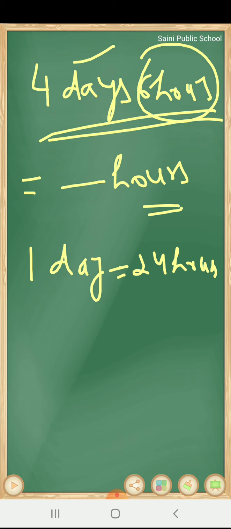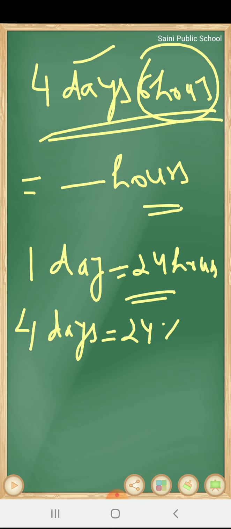Now one day is equal to 24 hours. So how many hours in 4 days? 24 into 4. We will use multiplication. 4 fours are 16, 1 carry, 4 twos are 8, 8 plus 1, 9.